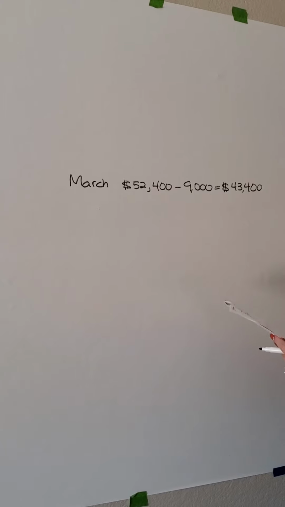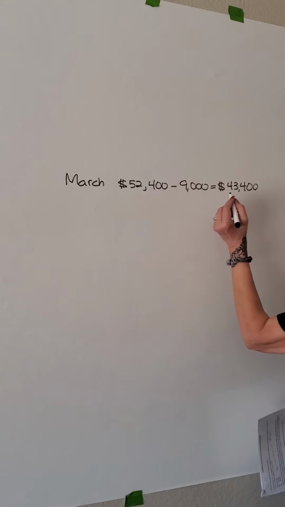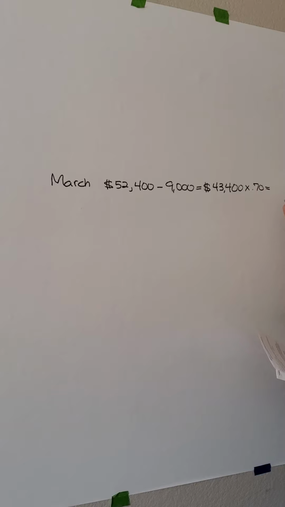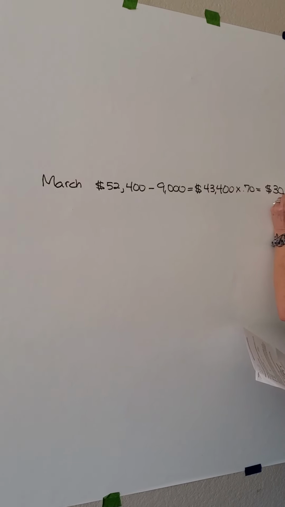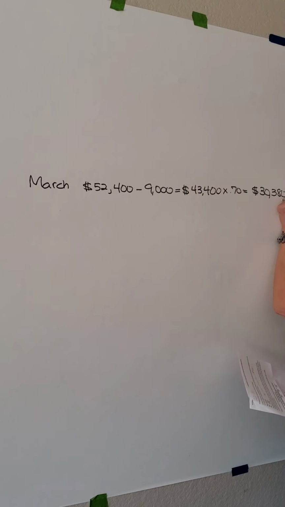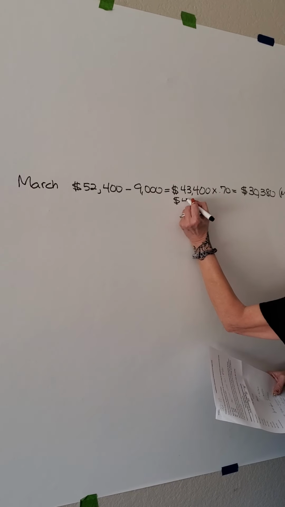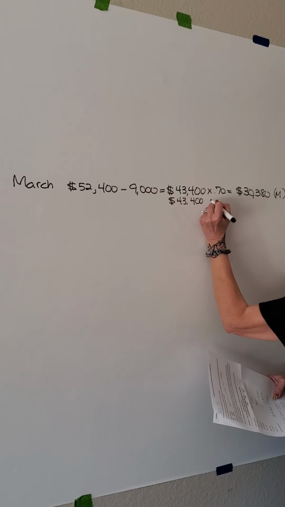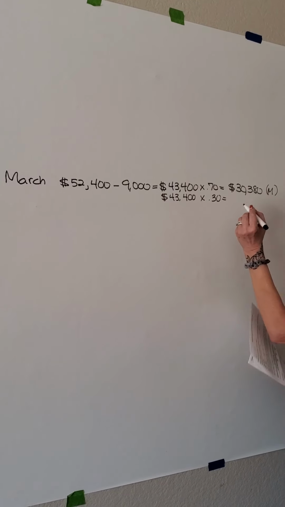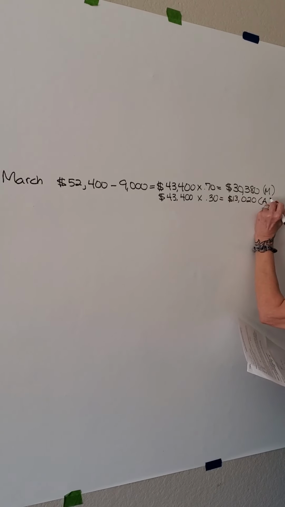$43,400. I can calculate what's going to be paid in March by taking, for March, we can multiply that times the 70%, and that's going to give me $30,380 of the $43,400 paid in March. So I'll put a little M there. And then if I take the $43,400 and multiply it by 30%, that's going to give me the remainder, $13,020 paid in April.